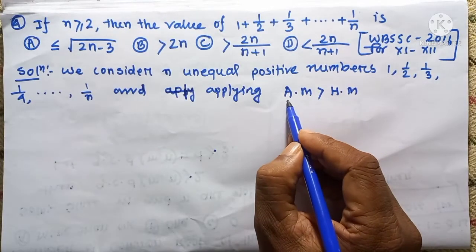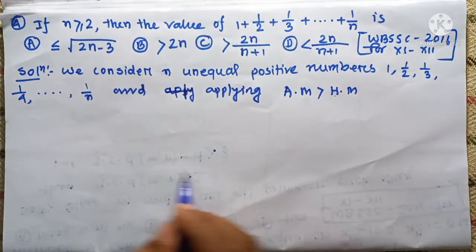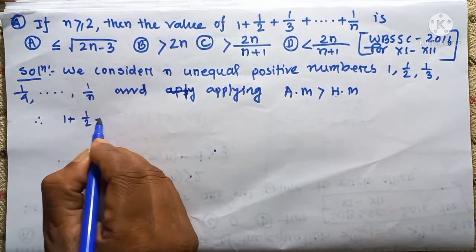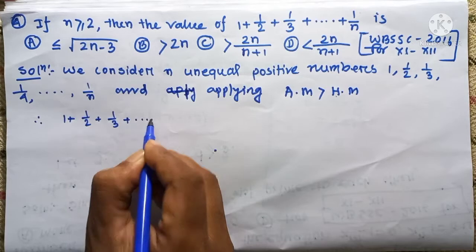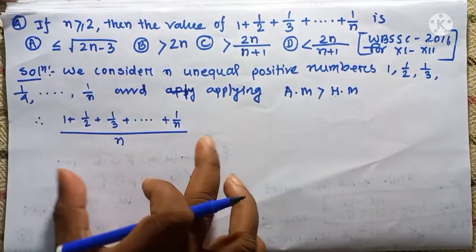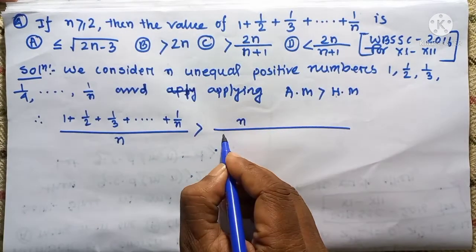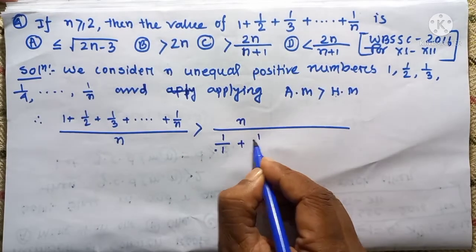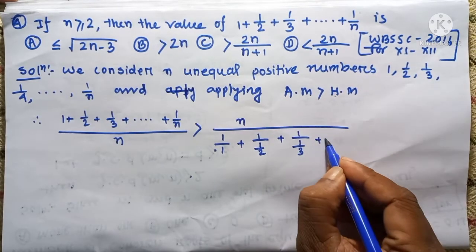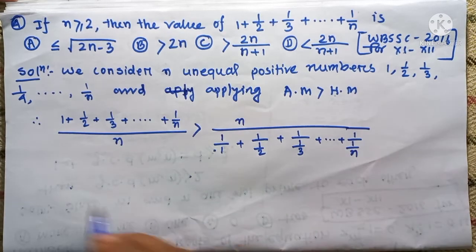AM means arithmetic mean, HM means harmonic mean. Therefore 1 plus 1 by 2 plus 1 by 3 plus dot plus 1 by n, this is arithmetic mean, greater than n by 1 by 1 plus 1 by 1 by 2 plus 1 by 1 by 3 plus dot plus 1 by n.